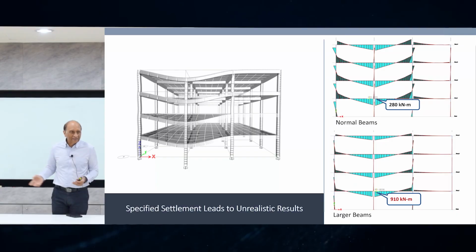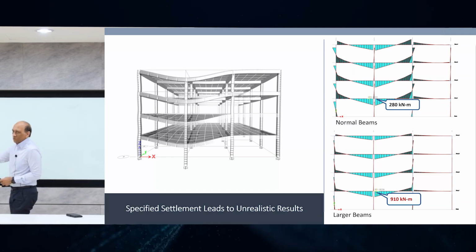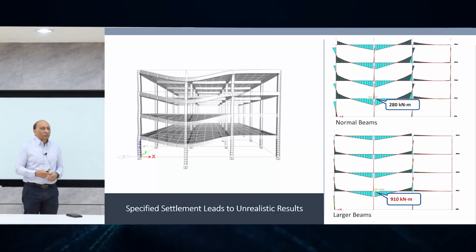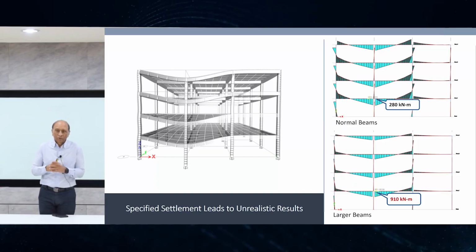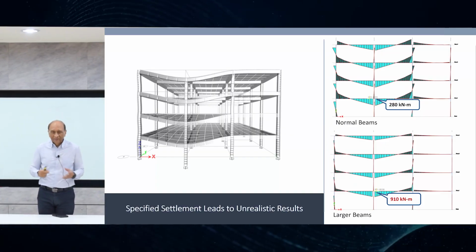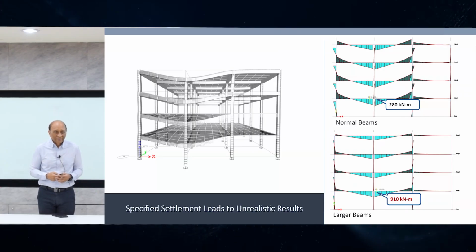And if I design for 910, I will get 5,000. So there's no way that I could design this simple structure for 1 inch differential settlement, because the moments, and shear especially, will be totally unacceptable. And we can't design it.